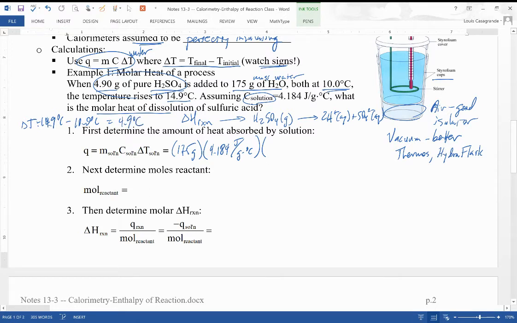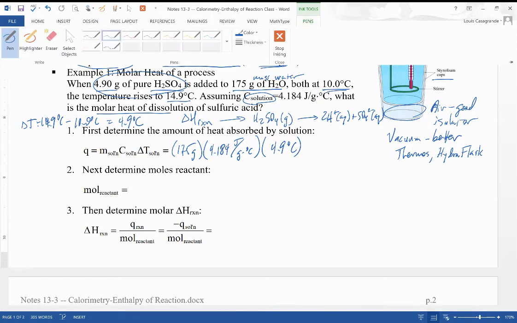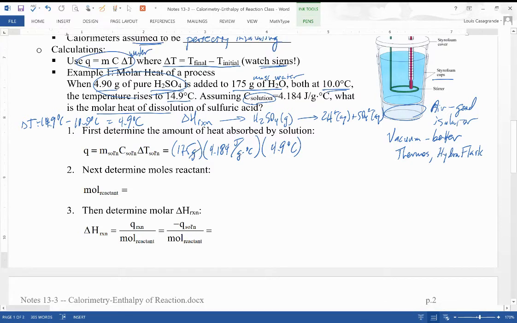Notice the delta T is positive. Final minus the initial, the delta T, the temperature went up. So 4.9 degrees C. Let's do some canceling here. Grams cancel with grams. Degrees C cancel with degrees C. And the last thing we want to do in this case, because we want to have the delta H of the reaction, I know it doesn't say in here, but in the homework we will, we want delta H as always to be in kilojoules per mole of reaction.